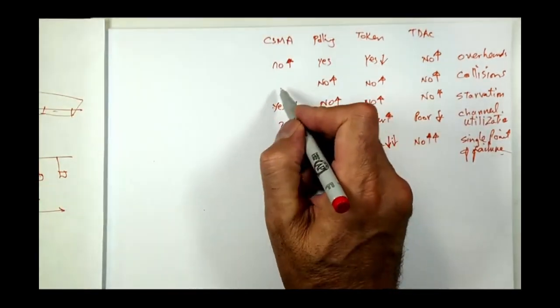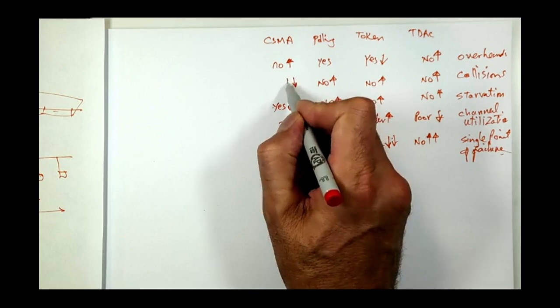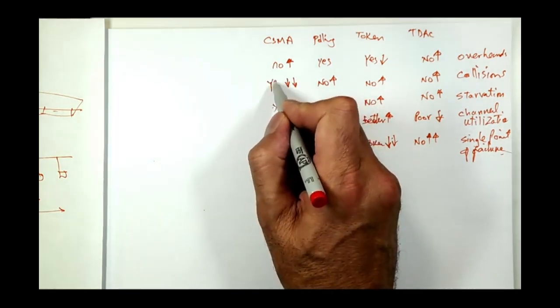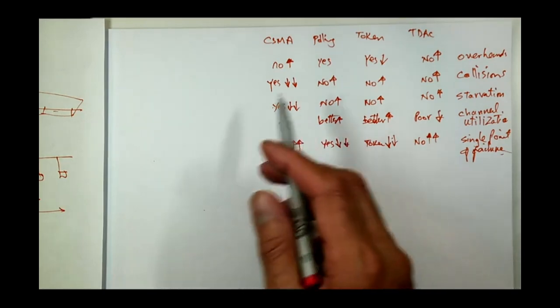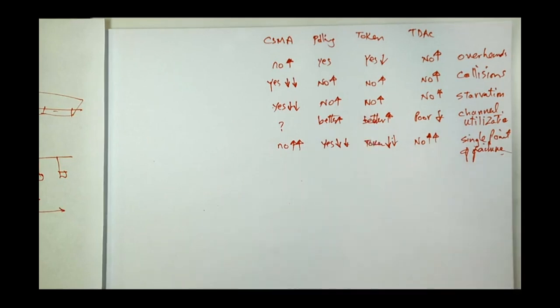And that's the problem. So, big problem. Yes, we have collisions, because there's nothing controlling the collision. All we say is listen, and if the channel is free, transmit. If 3 machines listen at the same time, and they find the channel is free at the same time, and they start transmitting at the same time, then there's collision. So there's a problem of collisions here.